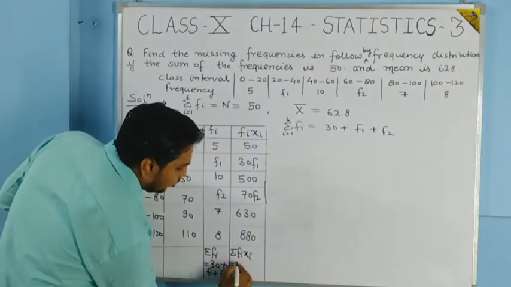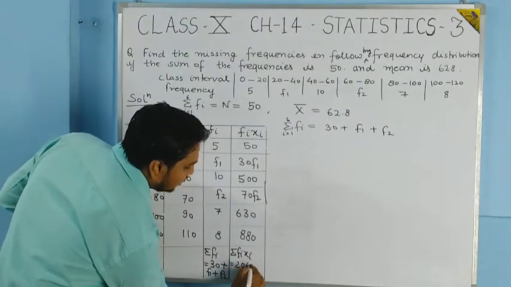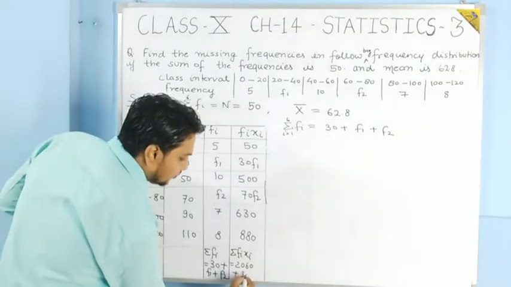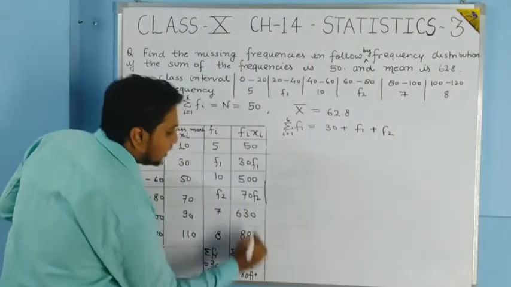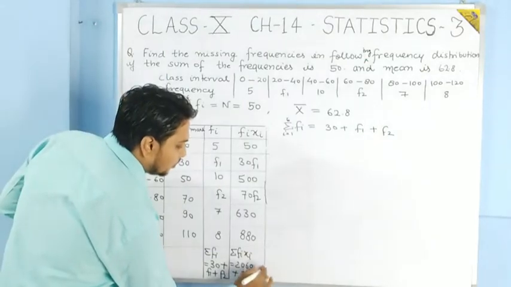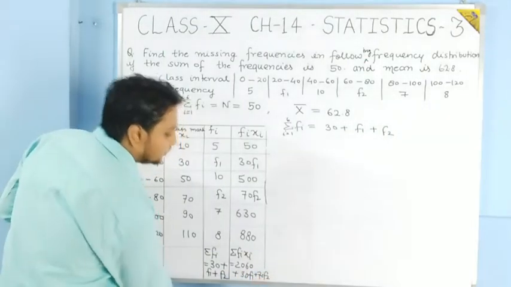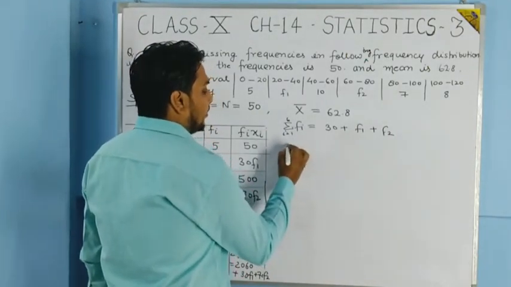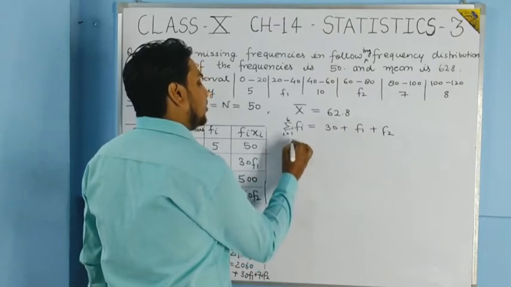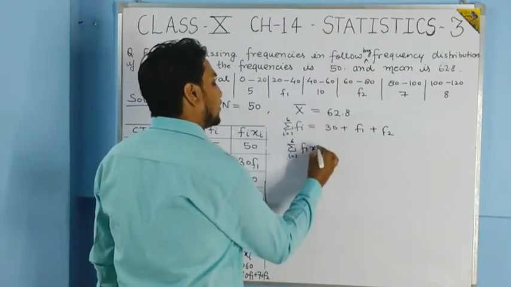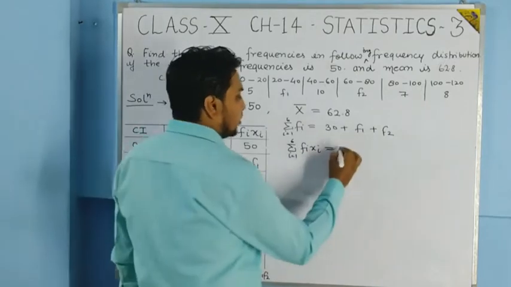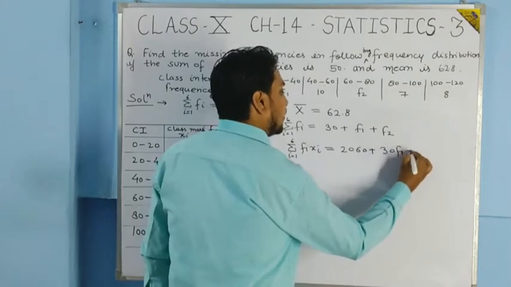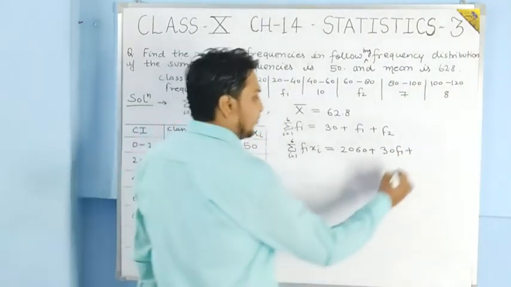So when we add the whole, we will get 2060 plus 30 F1 plus 70 F2. So students, again we are having sigma FiXi, i equal to 1 to 6, is equal to 2060 plus 30 F1 plus 70 F2.